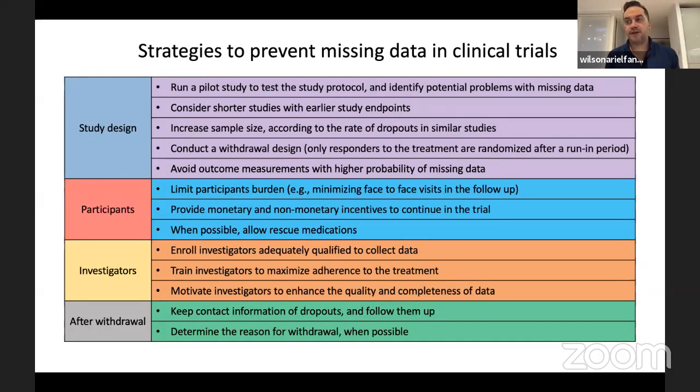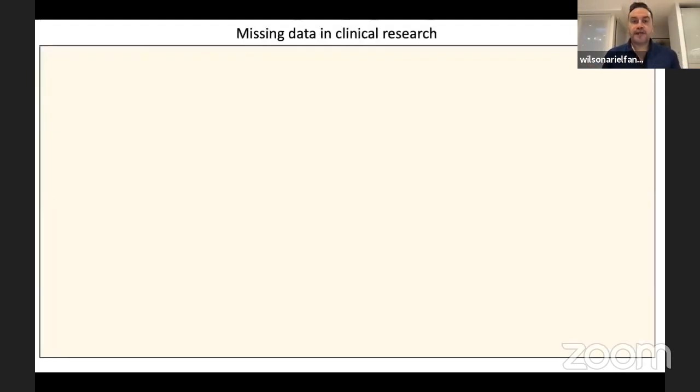Imagine that your patients are dropping out at a rate of 40% or 50%; something weird is happening there. And that might seriously compromise the feasibility of your clinical trial as well. So this is all about prevention, and this is why I like to make this analogy with the clinical setting in terms of prevention, treatment, diagnosis, and everything. Okay, so let's move on.